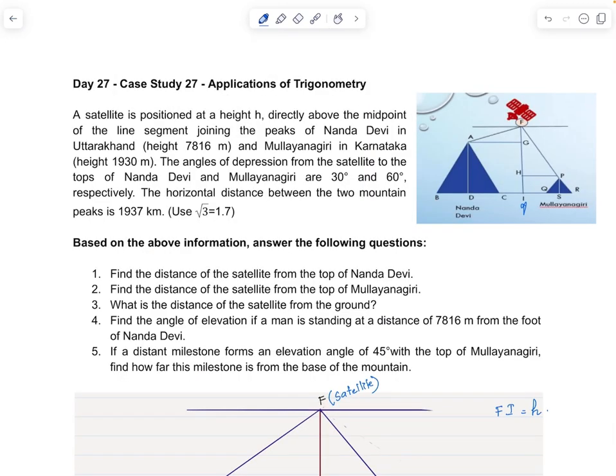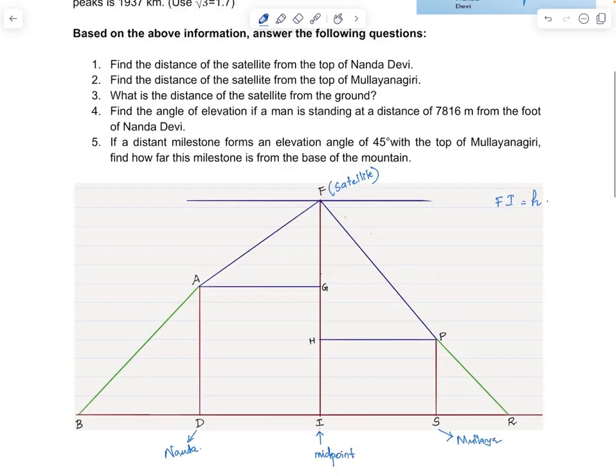The angles of depression from the satellite to the tops of Nanda Devi and Mullanagiri are 30° and 60° respectively. The angle of depression from the satellite to the peak of Nanda Devi is 30°, and the angle of depression from the satellite to the peak of Mullanagiri is 60°.